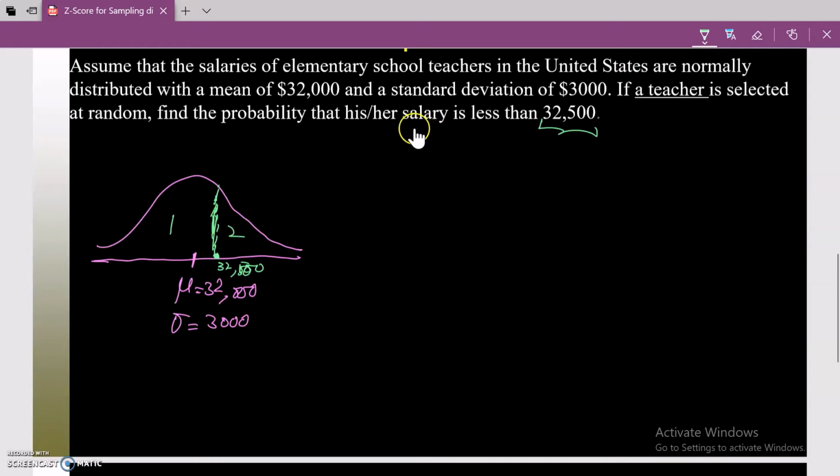The problem says find the probability that his or her salary is less than 32,500. All the values on the right side are more than 32,500, and all the values on the left side are less than 32,500. So clearly we will shade region 1 and not region 2.